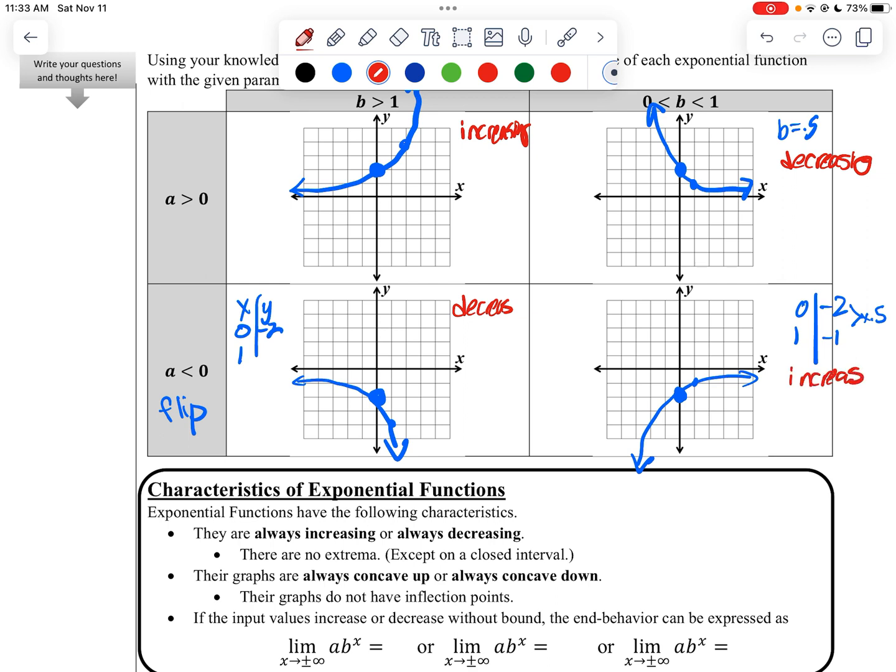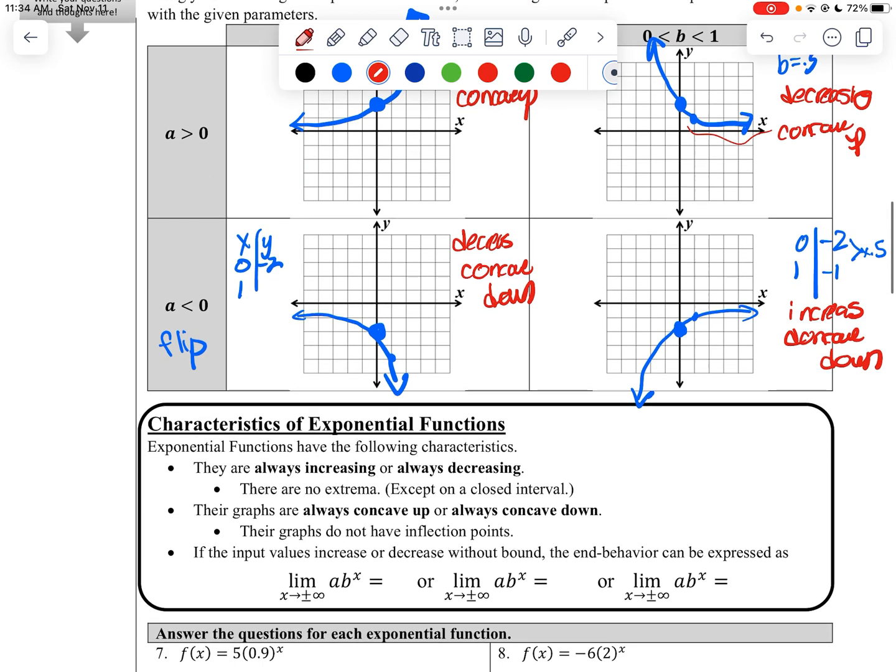There's no extrema, so there's no max or min. It's always concave up or down. So this one's increasing, and it's concave up. This one would be concave down. That's part of a smile, so concave up. And this one is concave down.